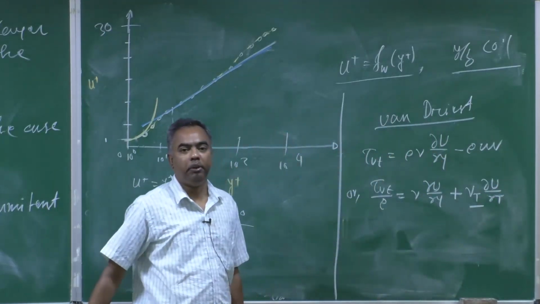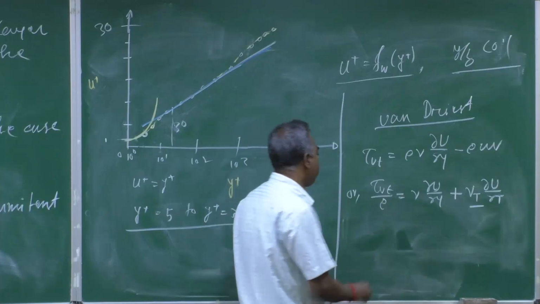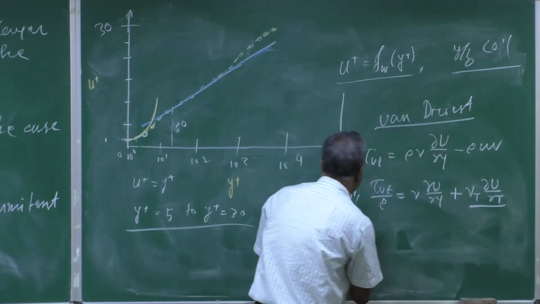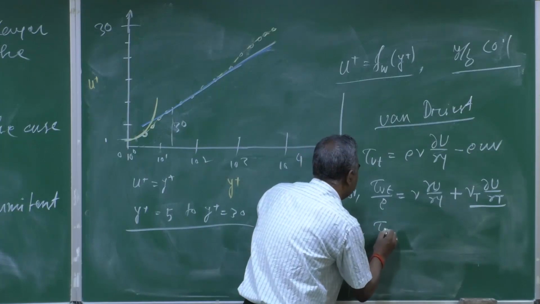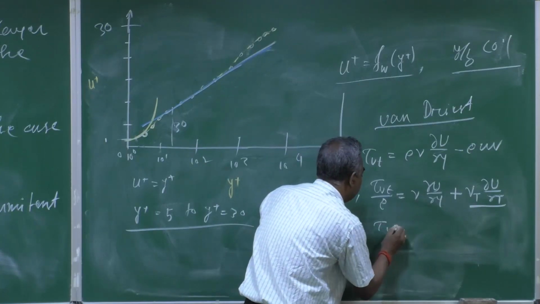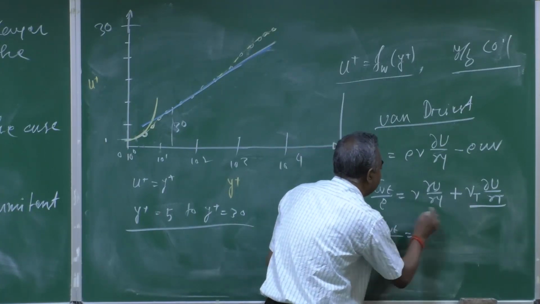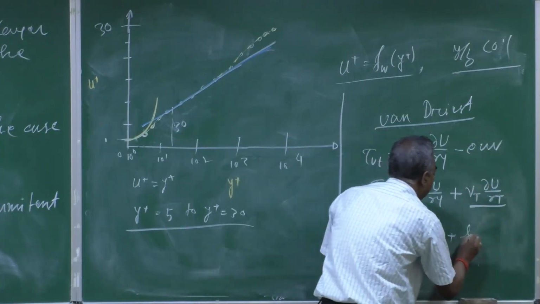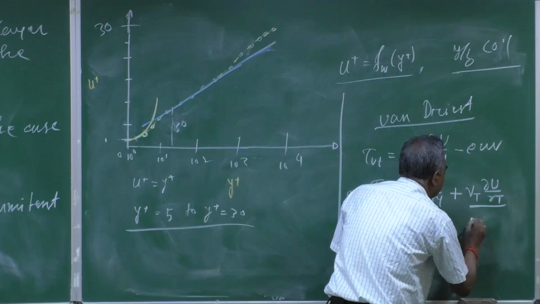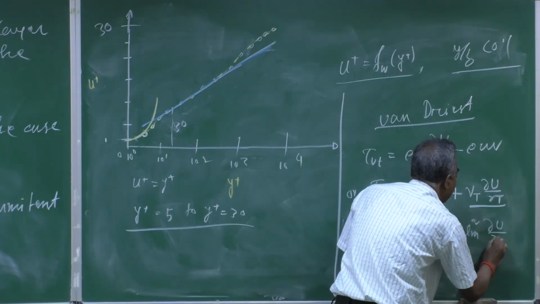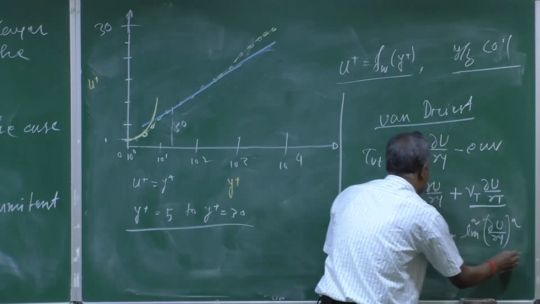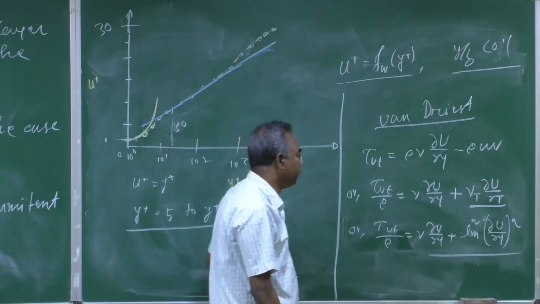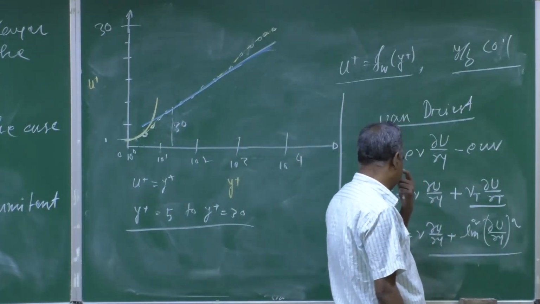Your nu t is eddy viscosity. Now, using your mixing length hypothesis, we can write this as nu del u del y plus L m square del u del y whole square, okay. This is using the Prandtl's mixing length hypothesis, okay.